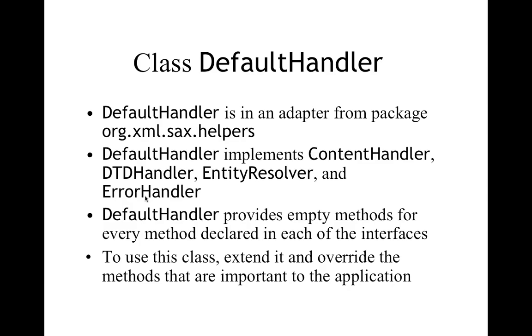Class DefaultHandler. This is what we're talking about. This class DefaultHandler is an adapter. That means between all these interfaces and your original handler, there is an adapter. It is bringing in everything. Adapter is nothing but a design pattern again. So the adapter pattern helps us in implementing all the handlers, and that is taken care of.